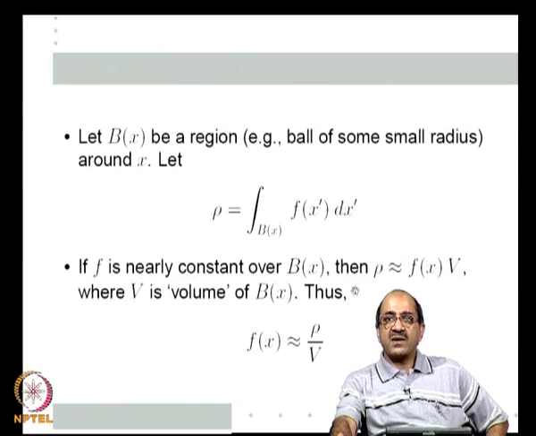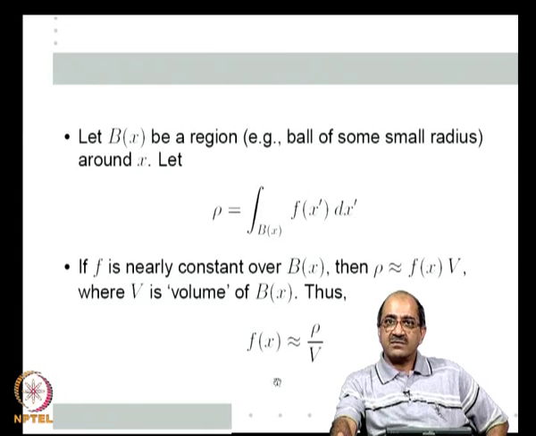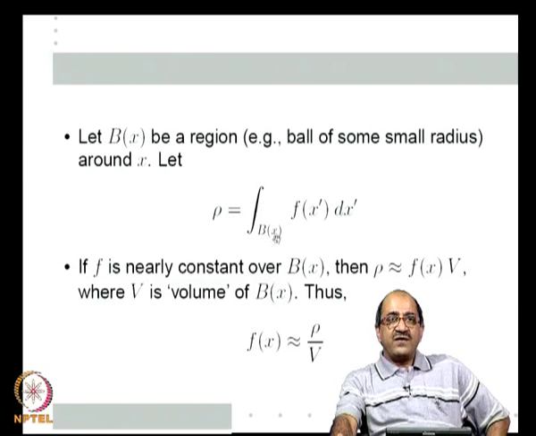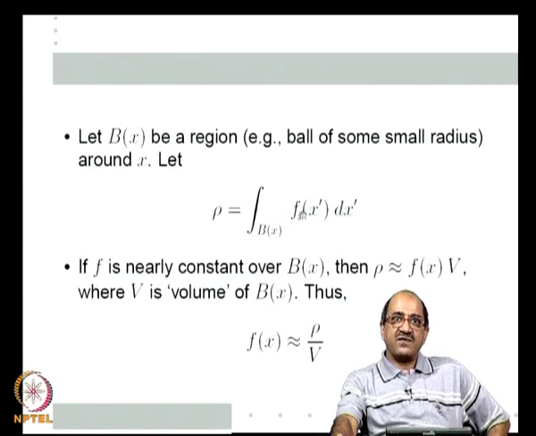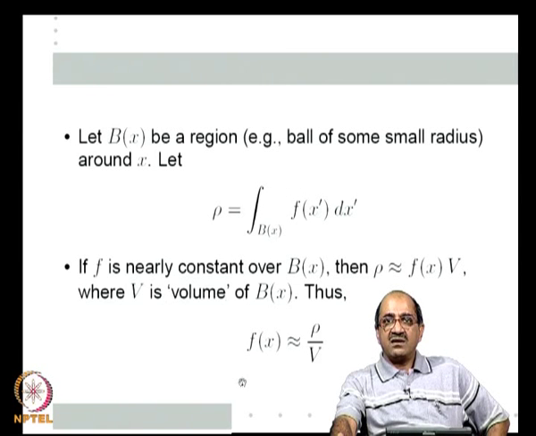So, rho becomes approximately equal to f of x into v, or f of x becomes approximately equal to rho by v, right. So, if I take a small region of volume v and assume that the region is small enough so that f of x can be approximated as constant, then f of x can be approximated by rho by v.